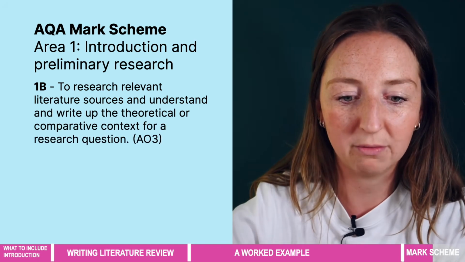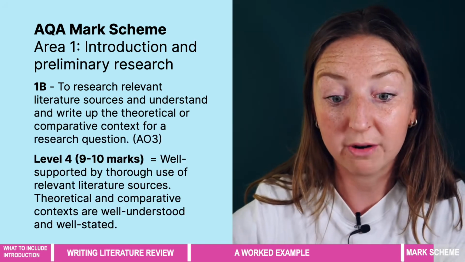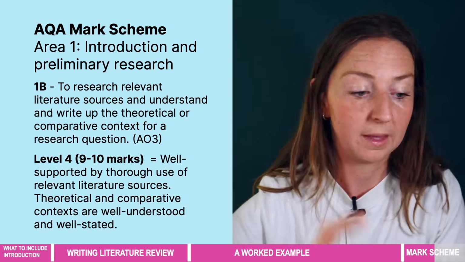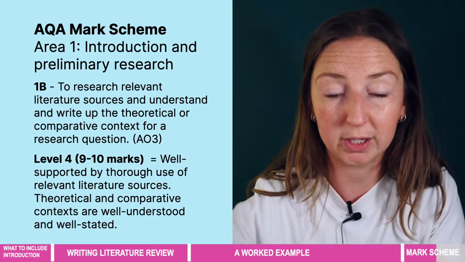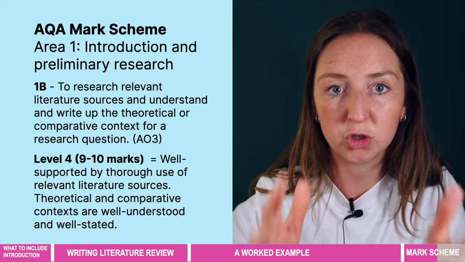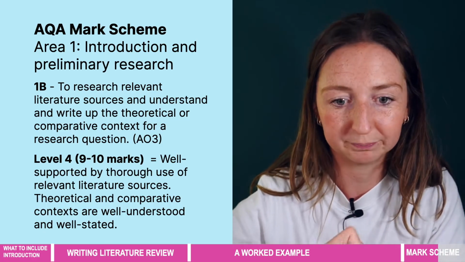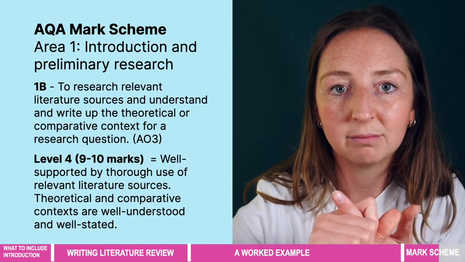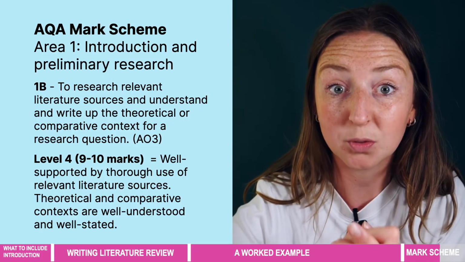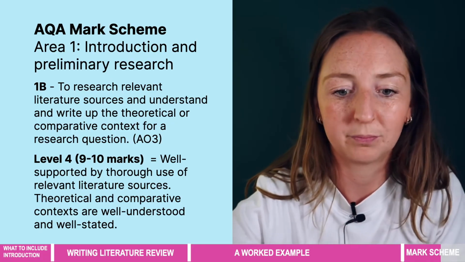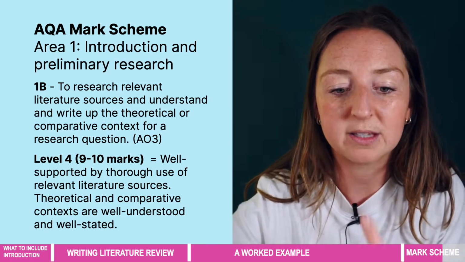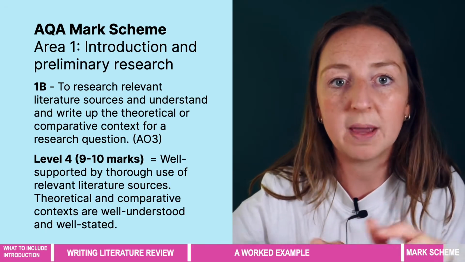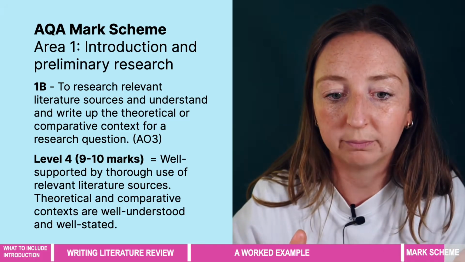The next part for level 4: well supported by thorough use of relevant literature sources. So is your literature relevant to your area? Have you picked the appropriate literature and the background theory to your research questions? Yes. Do you have a range of different sources? That's what it links to, and are they thorough? And then your comparative context and your theoretical context: basically, do you understand your literature?